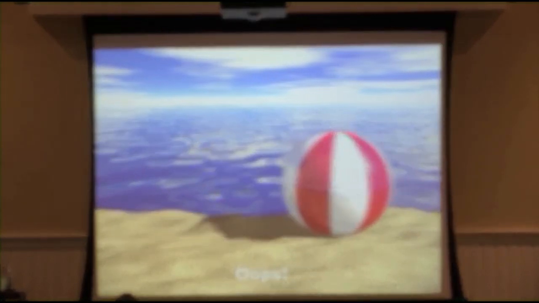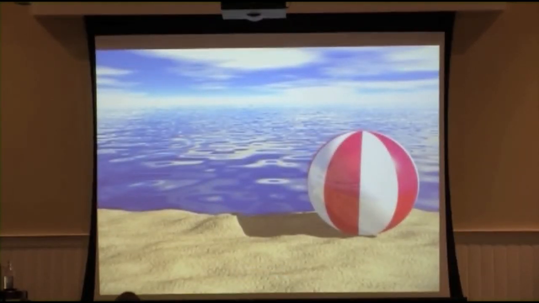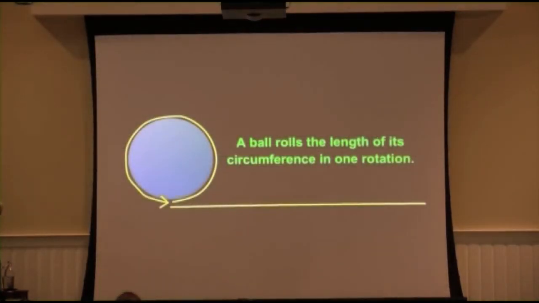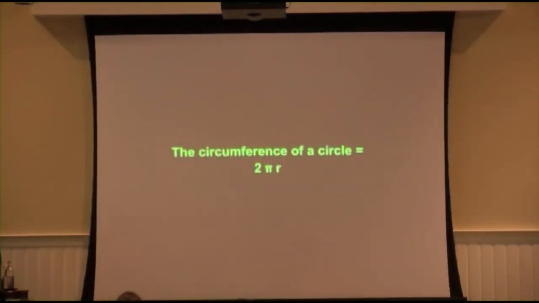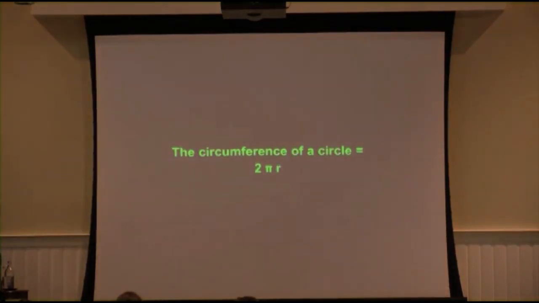Oops, that doesn't work. The ball should roll as it moves. We know that a ball rolls the length of its circumference in one rotation. To calculate the circumference of a sphere, use the formula 2 pi r. We will use the value 3.14 for pi.